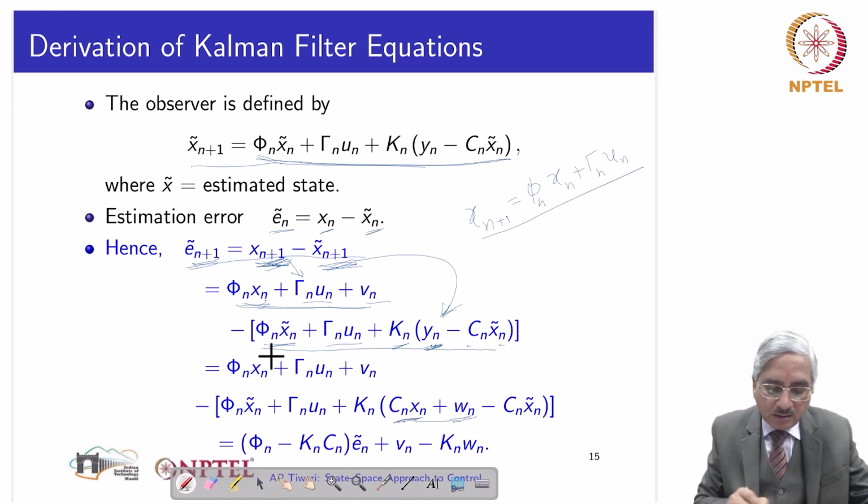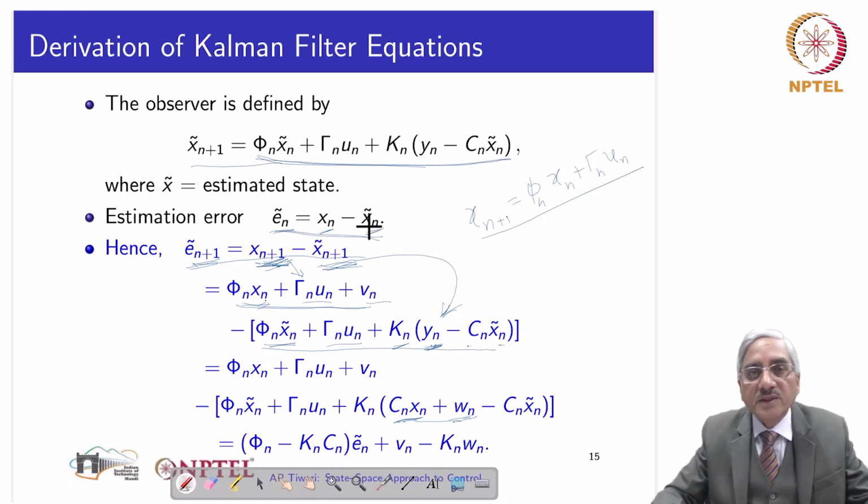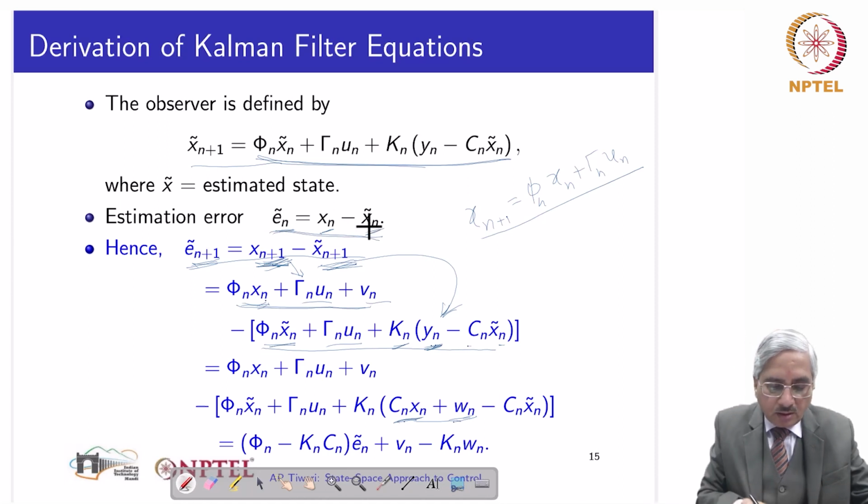And now we collect the terms, identical terms, and we also apply this definition of error. So xn minus xn tilde is E, so it is phi n into E tilde. Then we have Kn Cn xn and Kn Cn xn tilde.